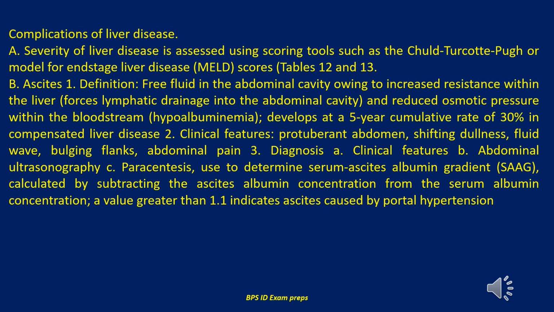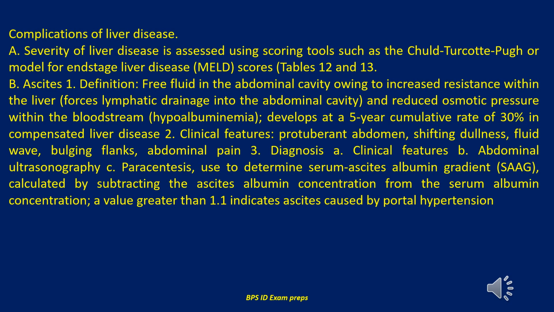A. The severity of liver disease is assessed using scoring tools such as the Child-Turcotte-Q or Model for End-Stage Liver Disease, abbreviated as MELD, scores, shown in tables 12 and 13. B. We will begin with ascites. 1. Definition.